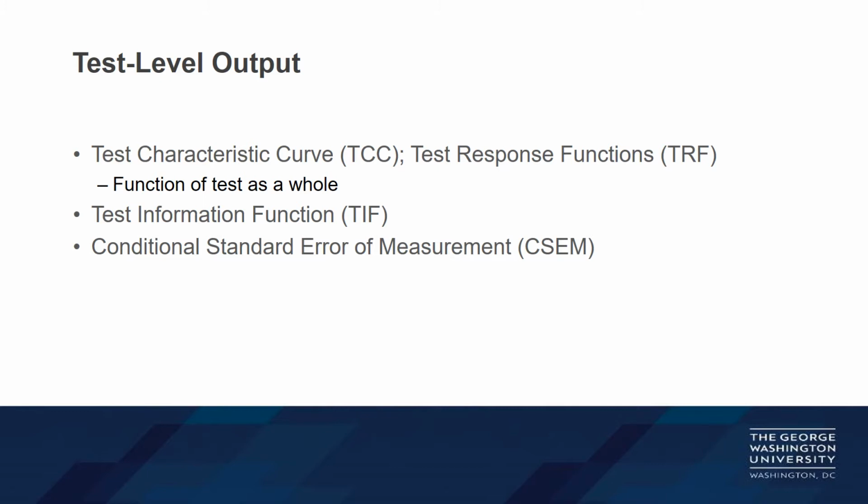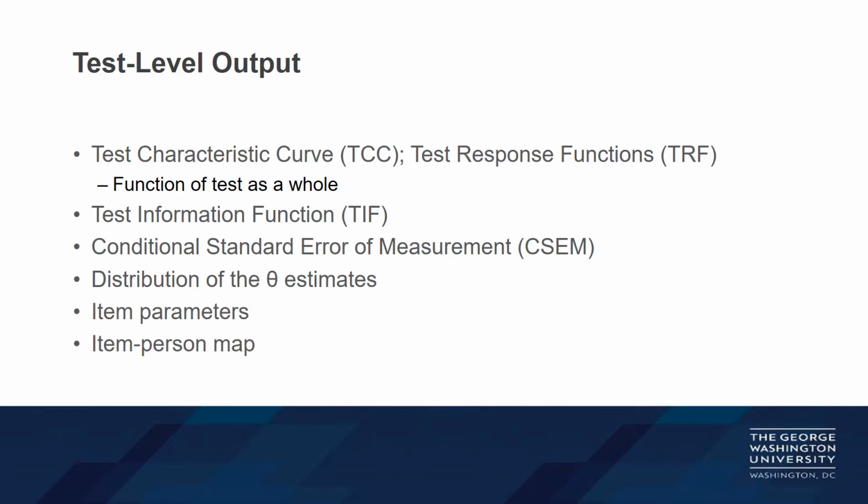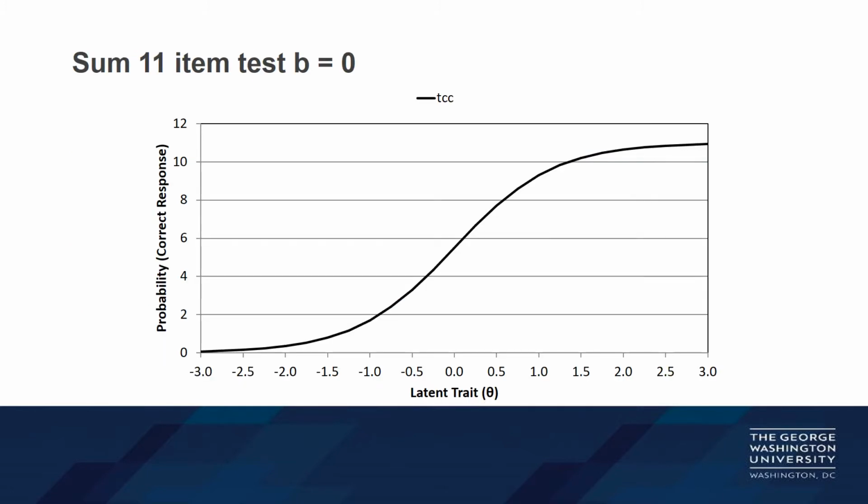We can have conditional standard errors now, not just standard errors at one location on our test or for the overall test, so we can discuss the error of measurement conditionally. We can look at distributions of theta and item parameters, and then we can map item and person together.